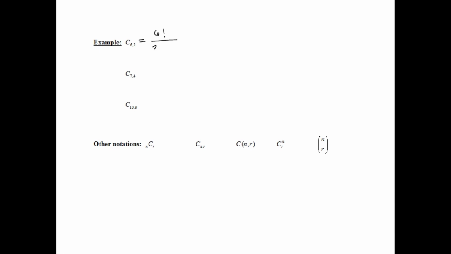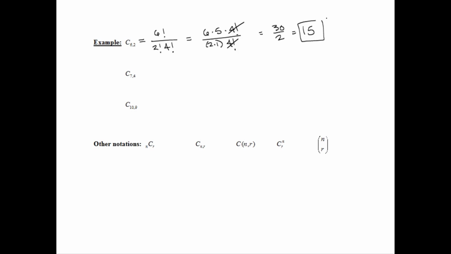So we're going to divide by 2 factorial, 4 factorial. So 6 times 5 times 4 factorial divided by 2 times 1 times 4 factorial, which is 30 over 2, or 15.